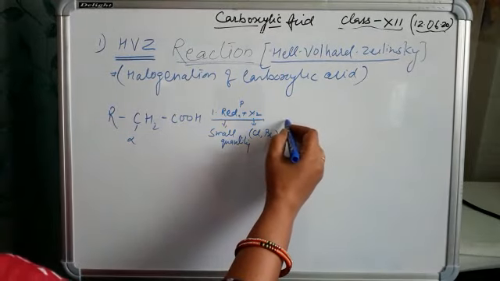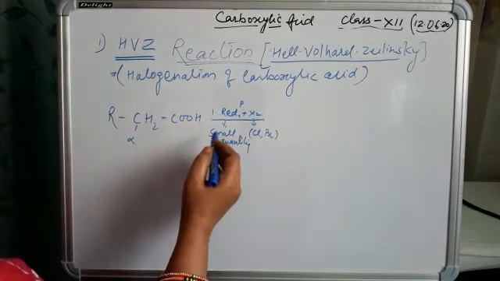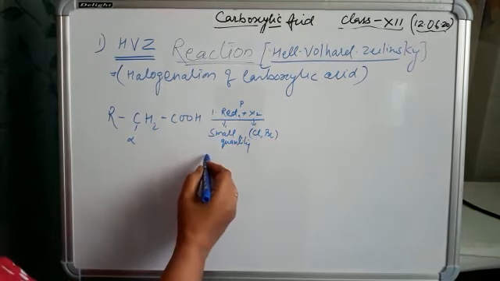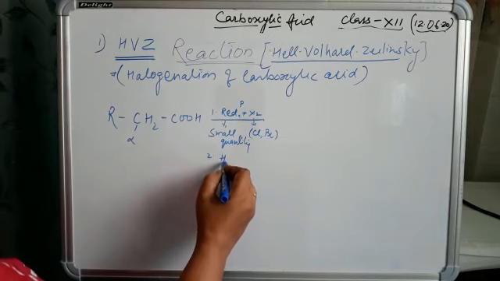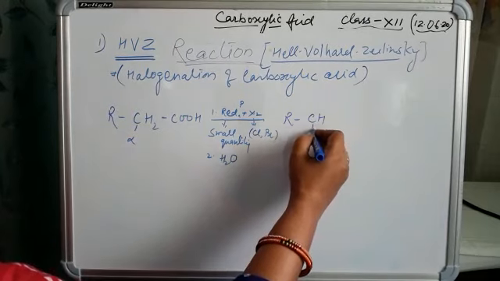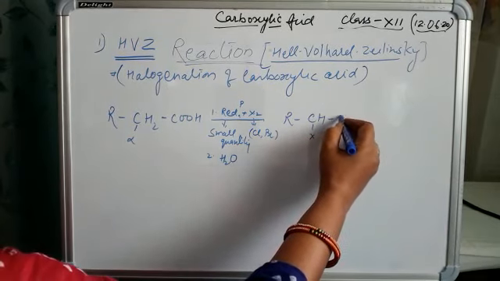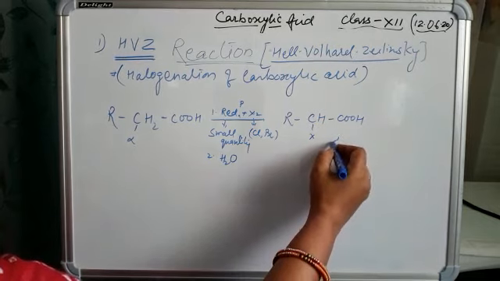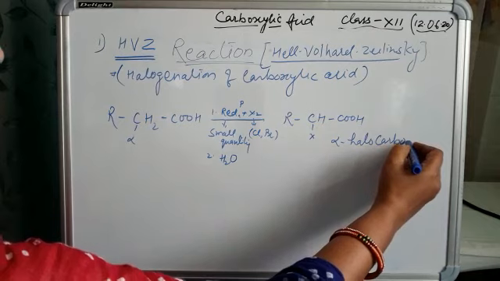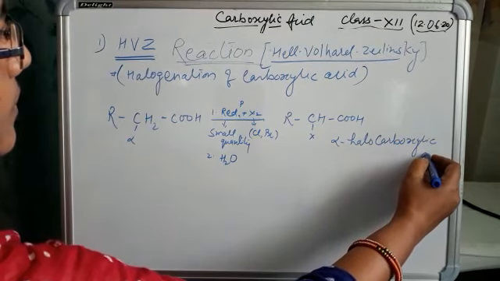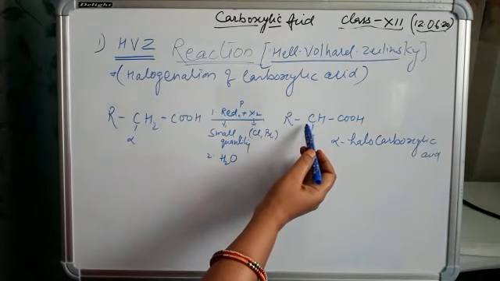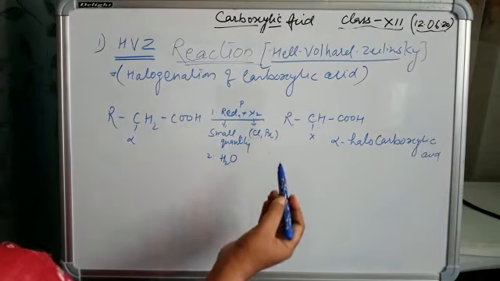What happens when this condition is given to the acid: at first red phosphorus and halogen, and in the second step water is used. So the formation of alpha halocarboxylic acid takes place, by substitution of halogen at the alpha carbon by removal of H plus.